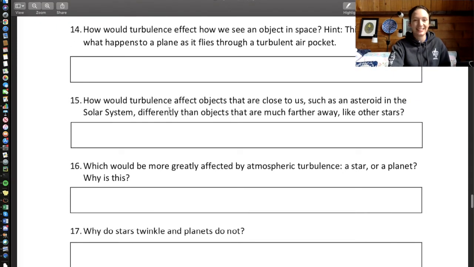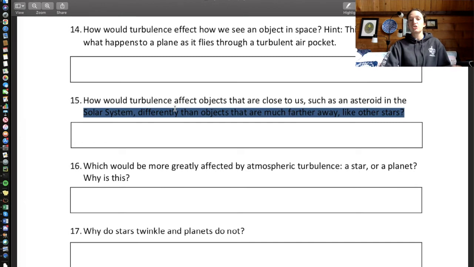Number 15, how would turbulence affect objects that are close to us, such as an asteroid in the solar system, differently than objects that are much further away, like stars? And this is getting at the really key point that is difficult to understand sometimes, which is that turbulence will not affect different sized objects the same.